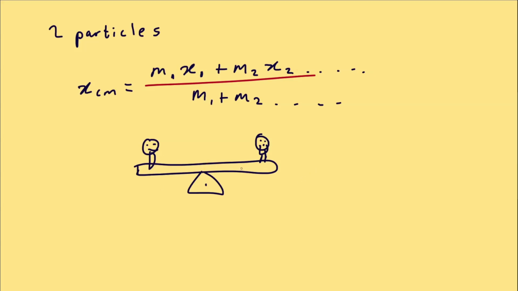Now, what if one of the children was really large? He's a bit chunky, like that. We're just calling it an adult, and his mass is bigger. Where would the center of mass be? It would lean toward the object with more mass, so that side of the seesaw would go down. So the center of mass is closer to the larger mass, but when the masses are equal, it's halfway in between.